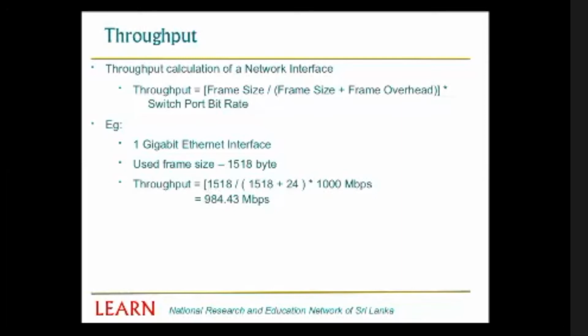With this equation, you will get 984.43 something Mbps. As you can see, due to this protocol overhead, we can't actually get the theoretical channel bitrate; it will be something lower than that.